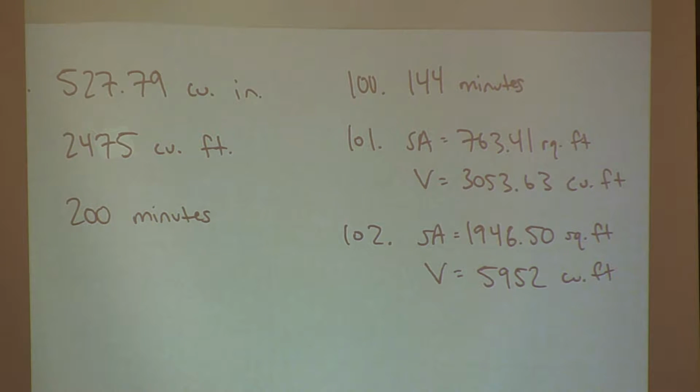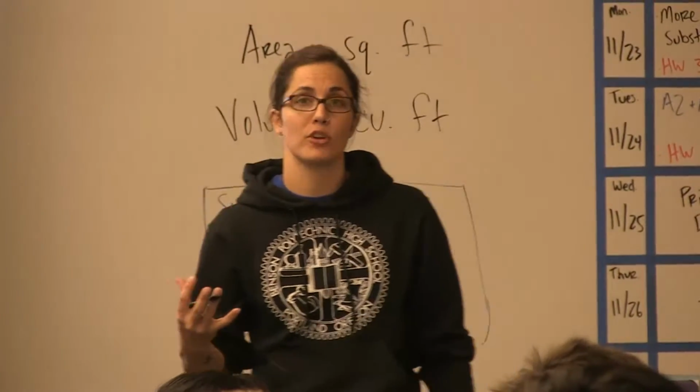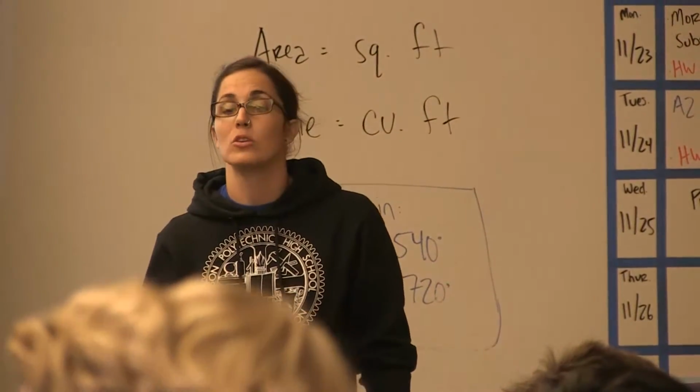Volume, now we're talking about 3D. Volume is the space inside. And if we're talking about 3 dimensions or cubic dimensions, making sure our units now are cubic feet. Because if I ask you a volume question and you give me your answer in terms of square footage, you are wrong.